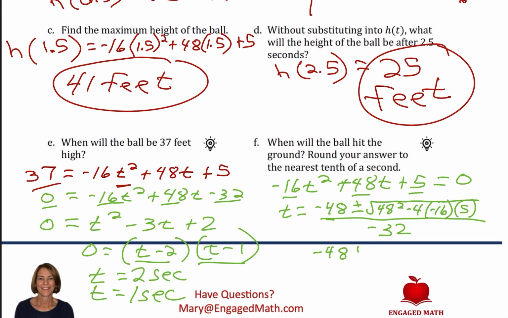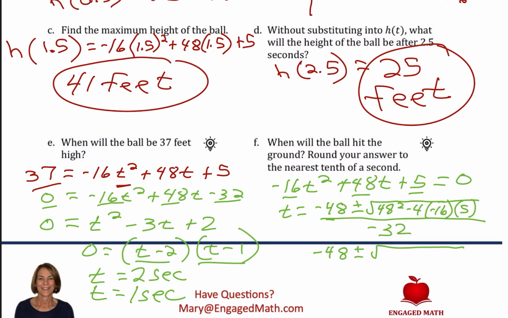So we're going to say negative 48 plus or minus the square root. Now, on your calculator, I just want to make sure you enter that right. It should be, if you can enter this all in one keystroke, or one screen on your calculator. You don't have to press enter equal in between. But it's 48 squared.